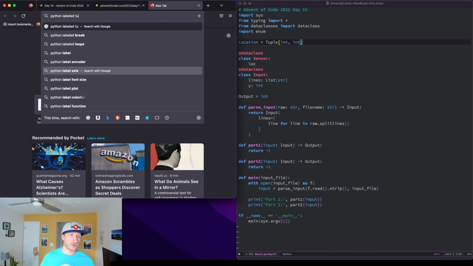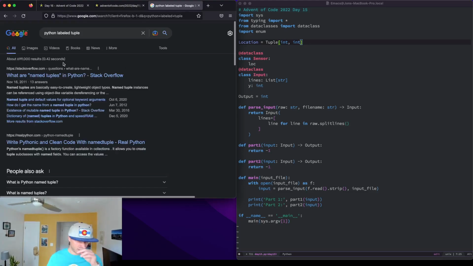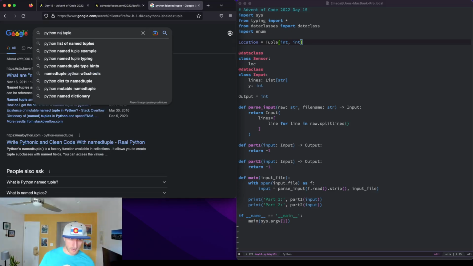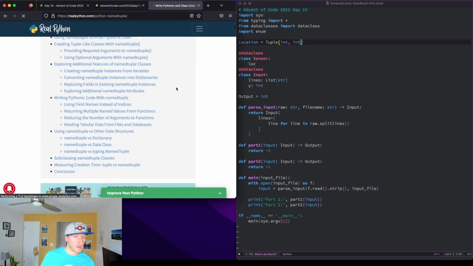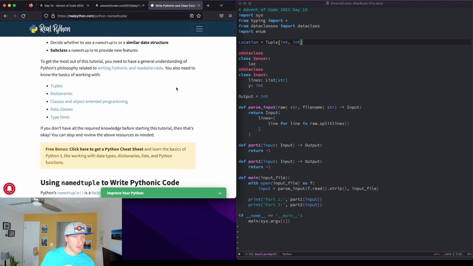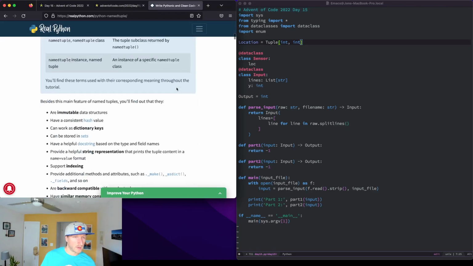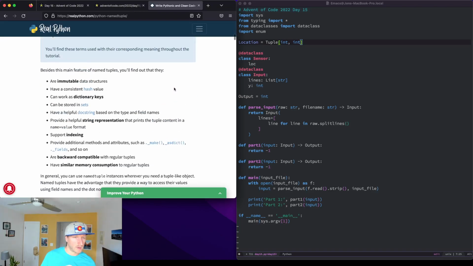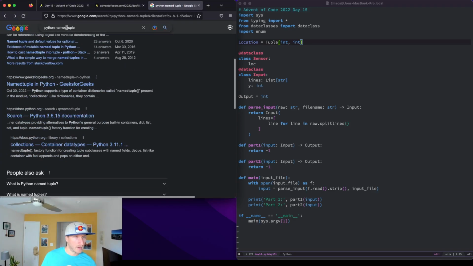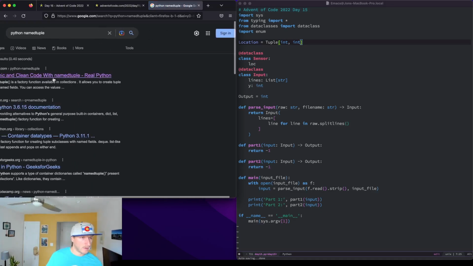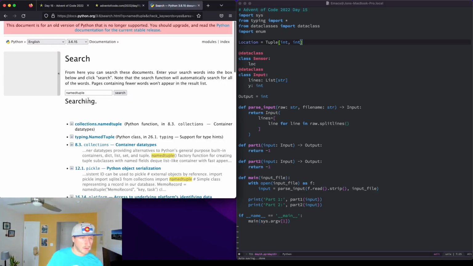Python labeled tuple. Oh, they have named tuples.